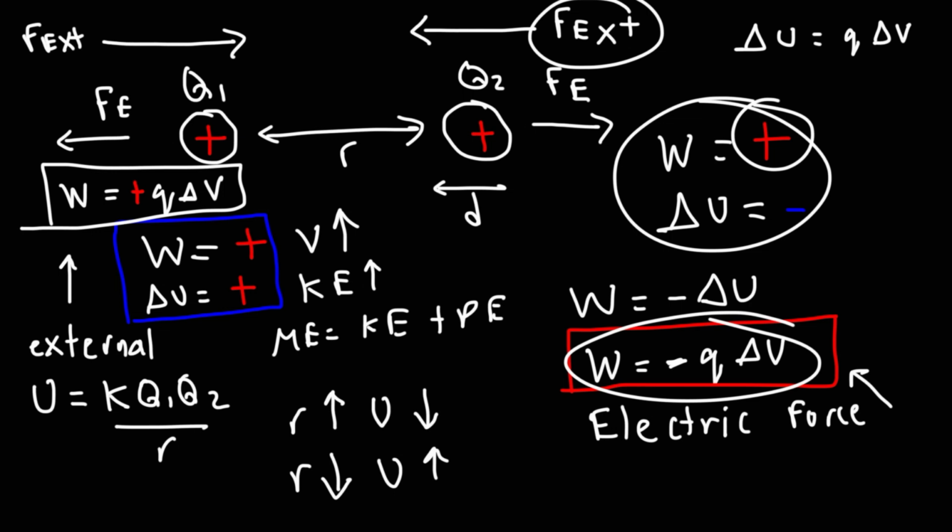It doesn't conserve the total mechanical energy. If strong enough, it can increase both the potential and the kinetic energy. Now the next thing you need to keep in mind is the work done by the electric force is negative Q delta V. The work done by the external force in this example is positive Q delta V. So keep that in mind.